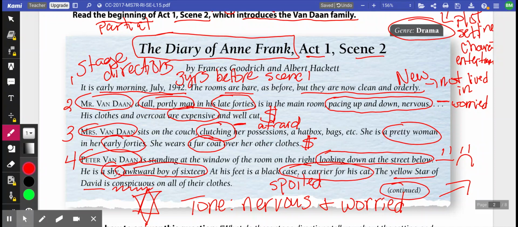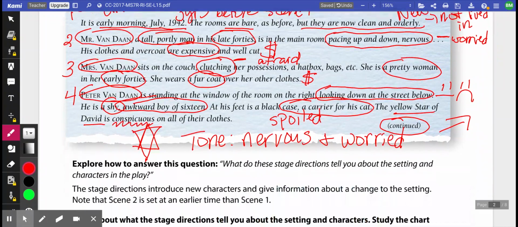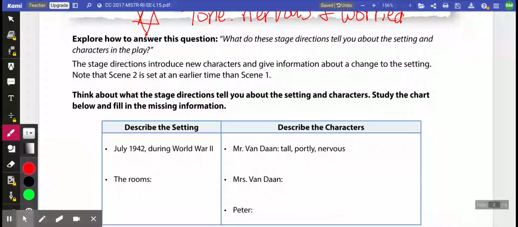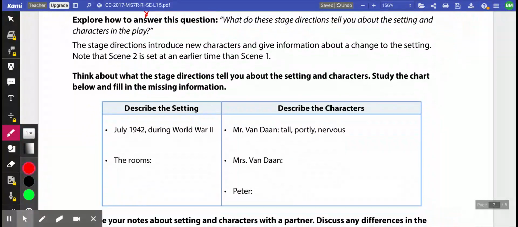All right. So let's go on down and we're going to look at our chart below. And it says our big question that we're looking at is: what do these stage directions tell you about the setting and the characters in the play? And then I have my little side note down here that says stage directions, because remember, that's part of our big structure.